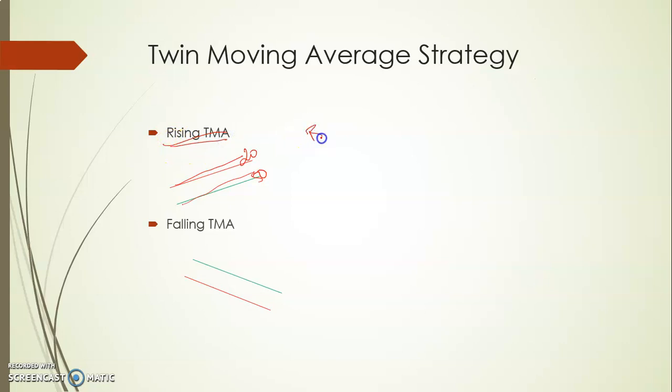In this case we have to buy or go to the long position. And in a falling twin moving average, the 20 simple moving average is below the 50 simple moving average. That is the first condition. And as you see, both are moving together. In this case we have to sell the stock or take a short position. So this is the strategy.